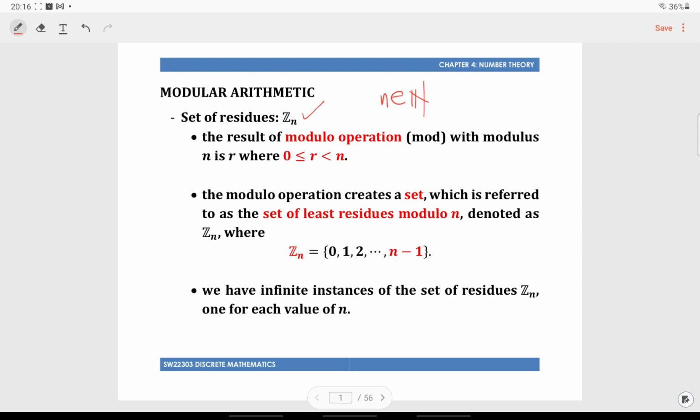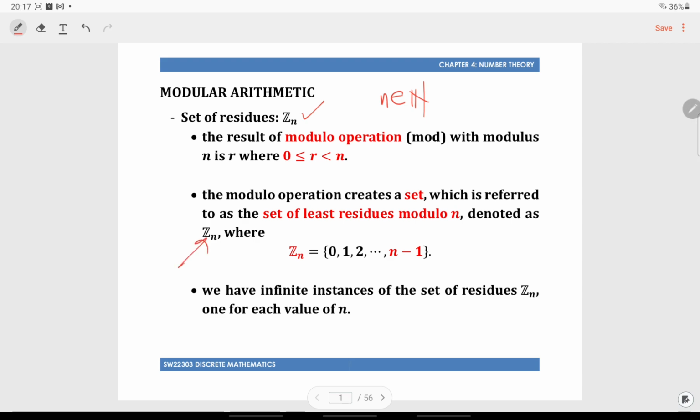So the modular operation creates a set. If we collect all the values of r and put them inside one set, that set is what we call the set of least residues modulo n, denoted like this.